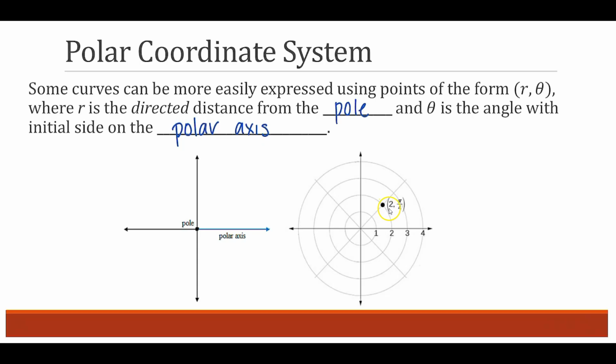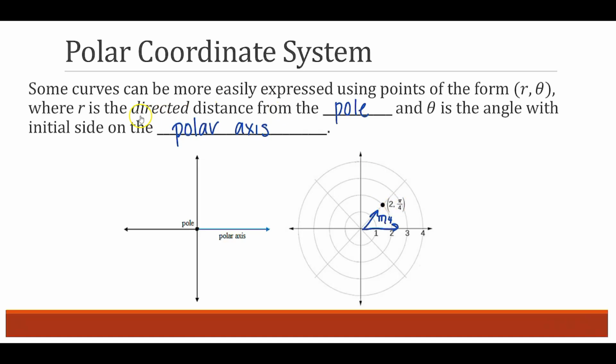For example, here I have the polar coordinate 2, pi over 4. So notice that the coordinate point is an angle measure of pi over 4 away from the polar axis. So here, this is a measurement of pi over 4. And then the value 2 tells me how far away to go from the pole. And because I am a positive 2, I'm going to go towards the angle pi over 4.